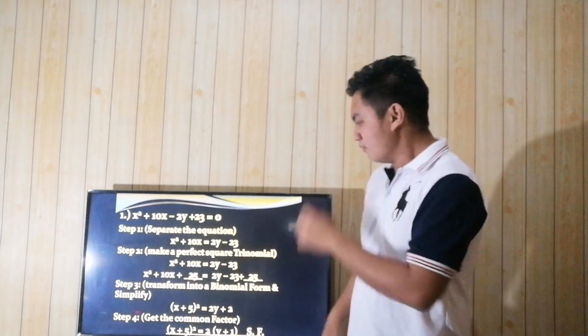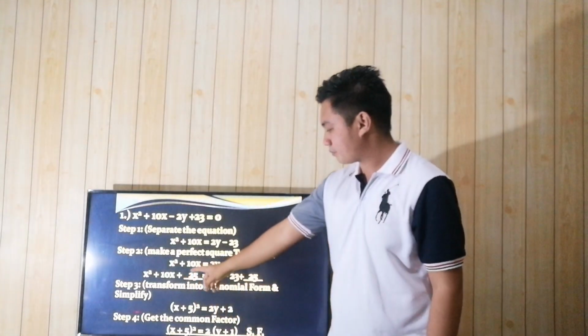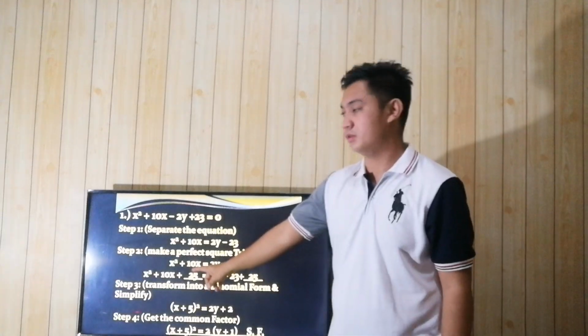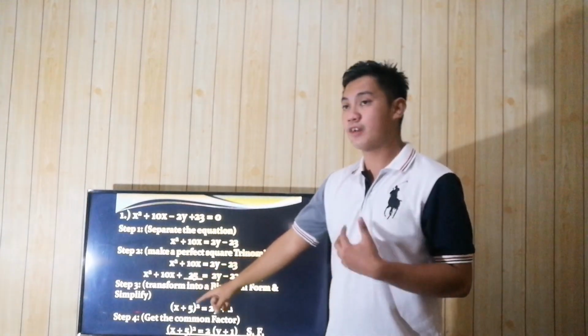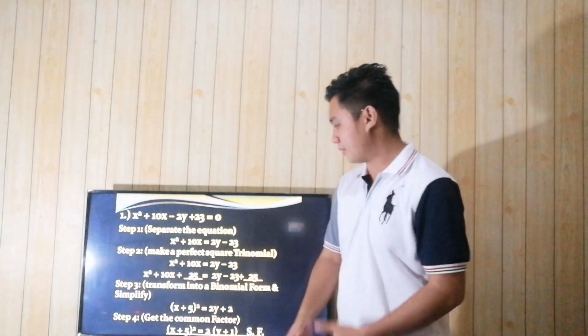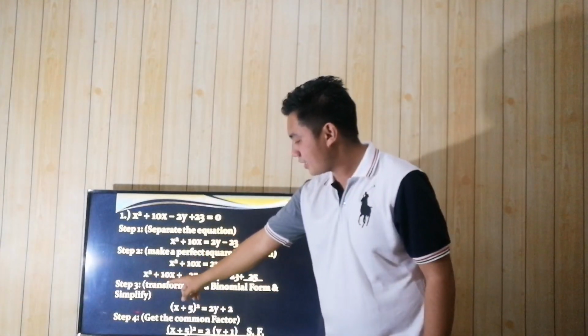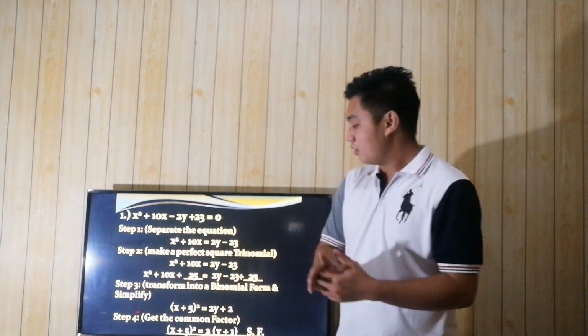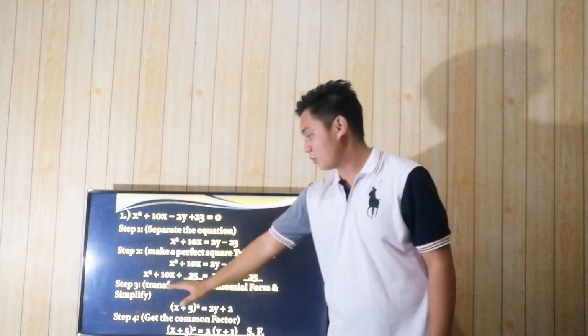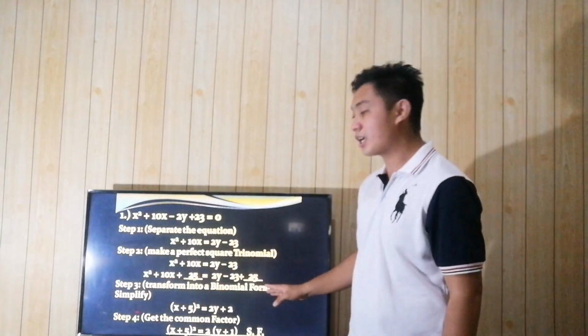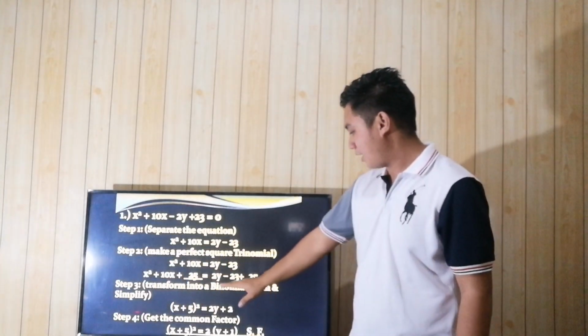So, the first is the 10x divided by 2, okay, 5. Then 5 squared is 25. So, we have x squared plus 10x plus 25. Tapos kung ano yung dinagdag nyo dito sa unang term, yun ay idadagdag nyo sa kabilang term. So, we have equation.